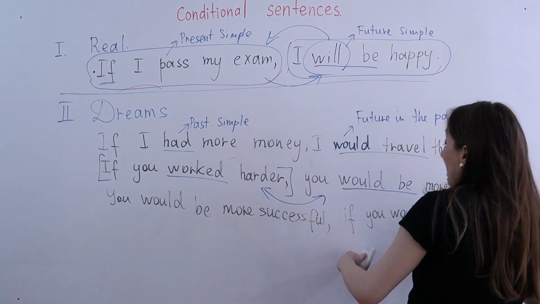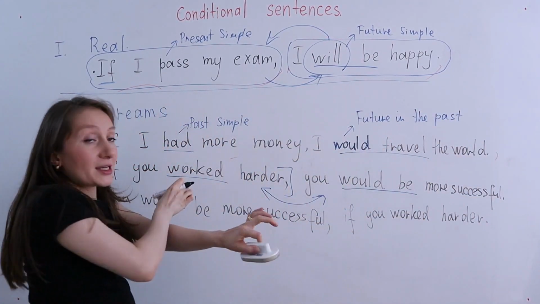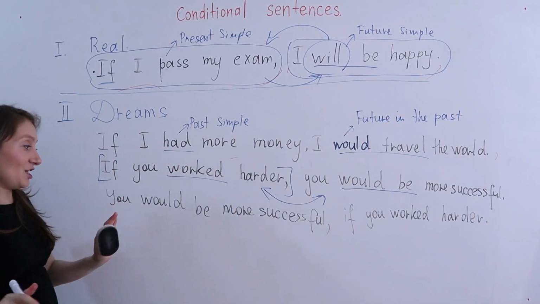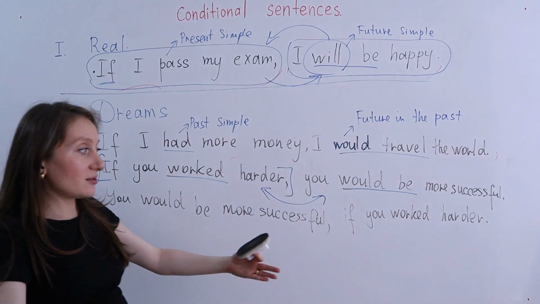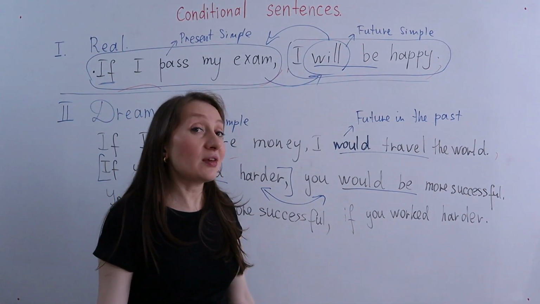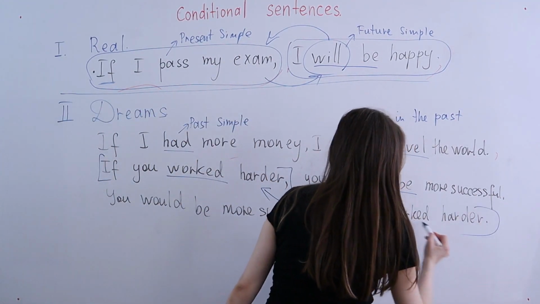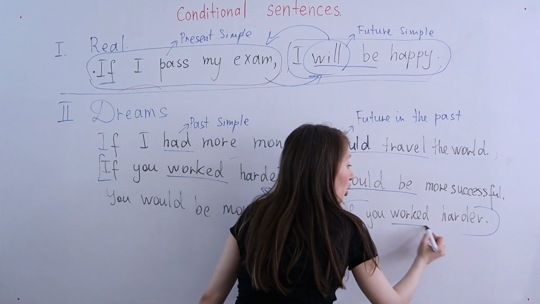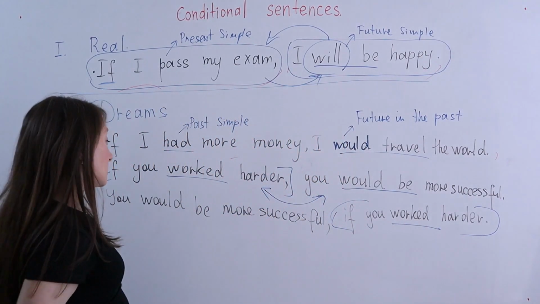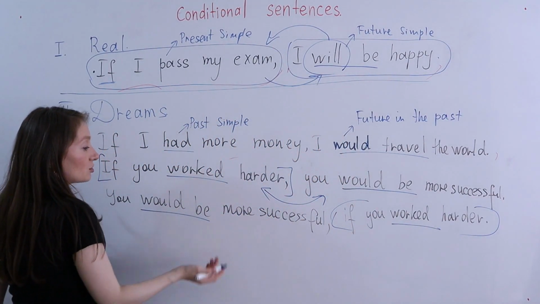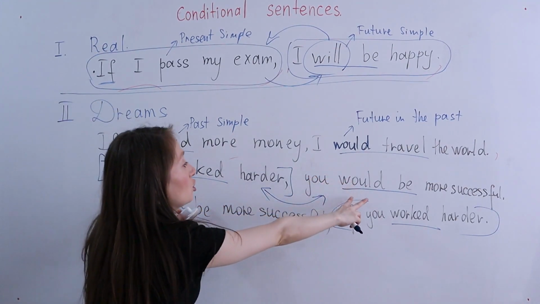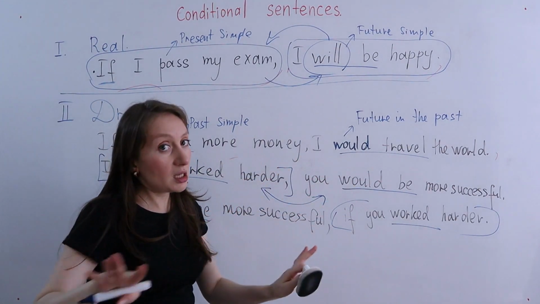You see, I changed the clauses, the meaning didn't change. You would be more successful under what conditions? If you worked harder. Again, we have if. Inside if, we use normal verb in the past, and inside main clause, we use would be. So when you change the position, the meaning doesn't change.